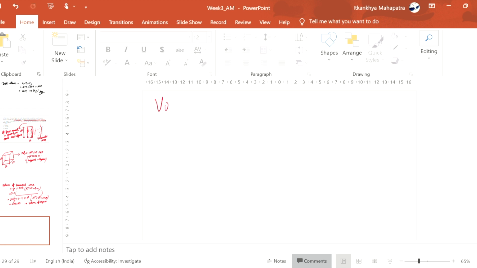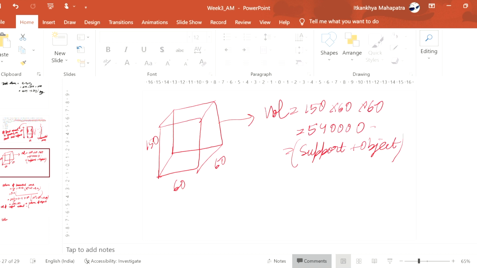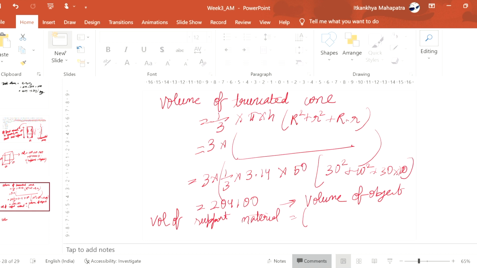Now the volume of support material will be, continuing this itself, volume of support material is equal to, earlier we got here 540000 minus 204100.